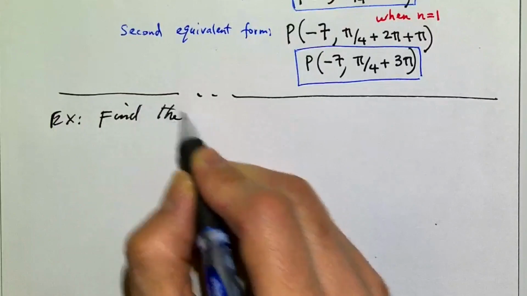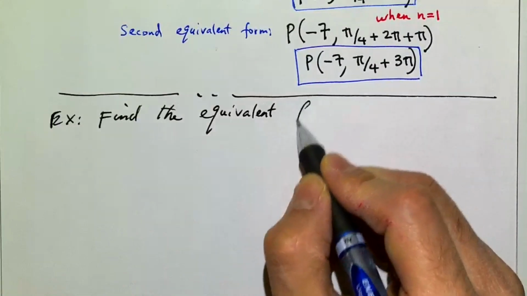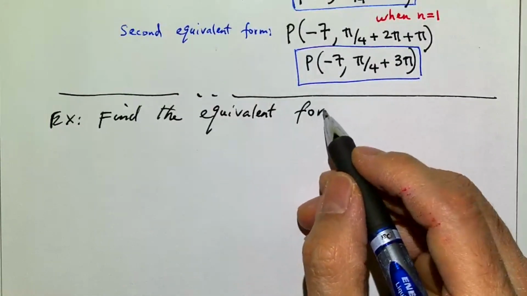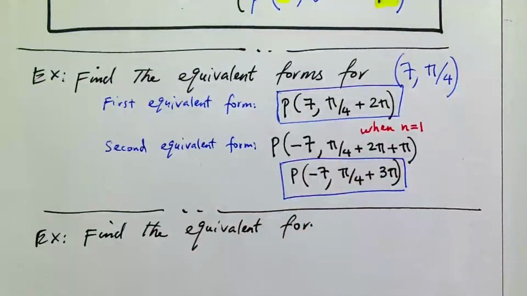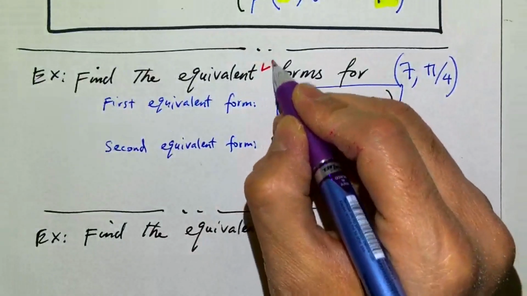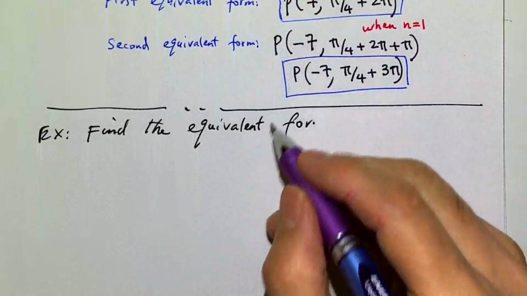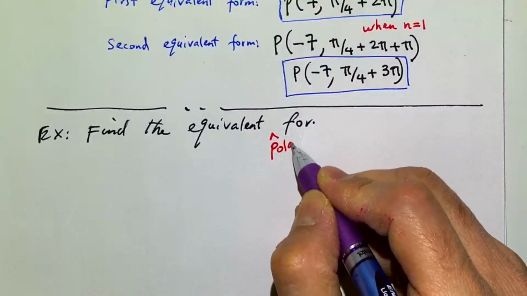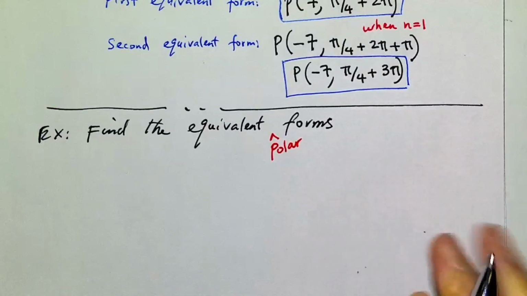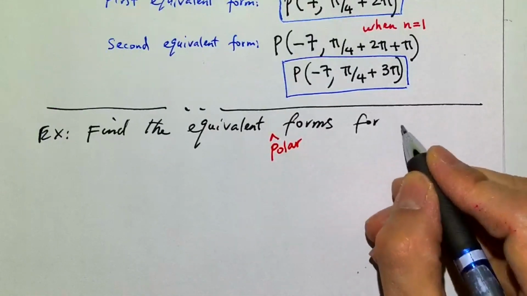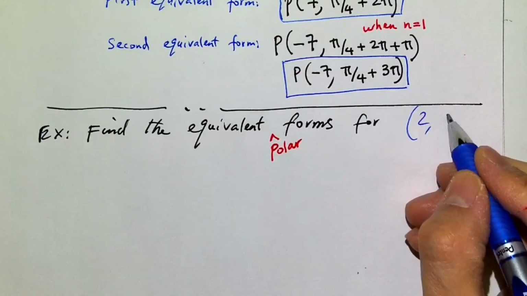So once again, we want to find the equivalent forms. It goes without saying that when we say equivalent forms, we mean equivalent polar forms, and I should make that clear here as well. Equivalent polar forms for this point, 2 comma 3 pi over 4.